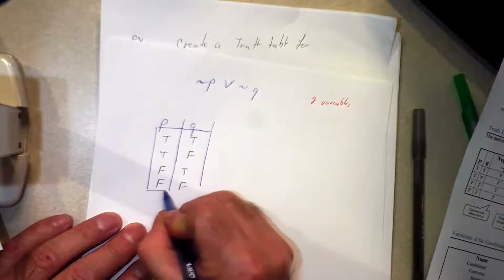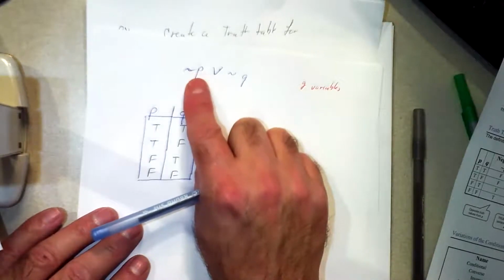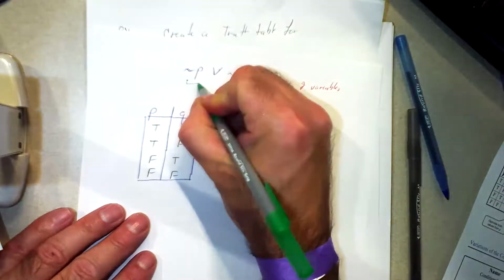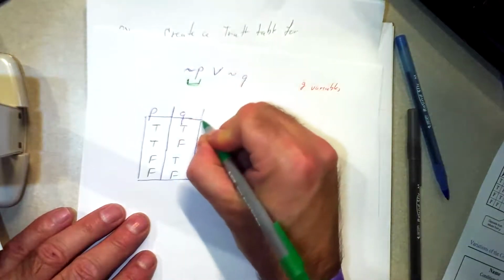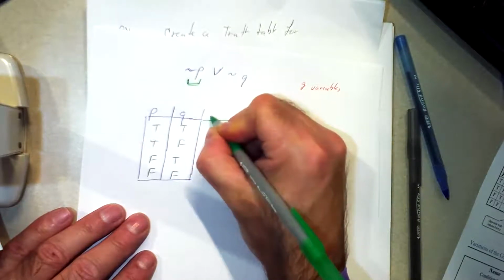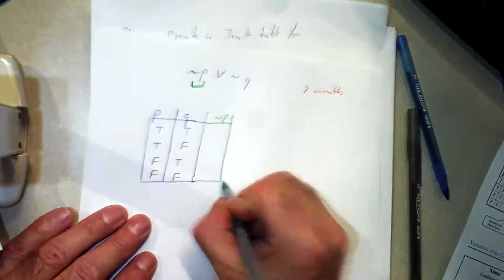All right. Now, what do we do next? Remember our order of operations. What do I have to do? Let's do the not P first. I'm going to do it in green. So let's create a new column and we'll do not P. What does that mean?